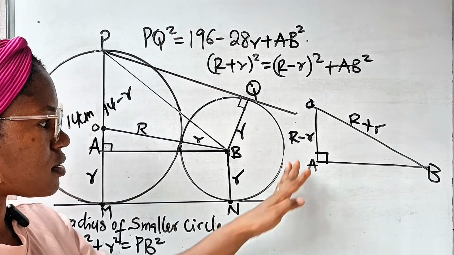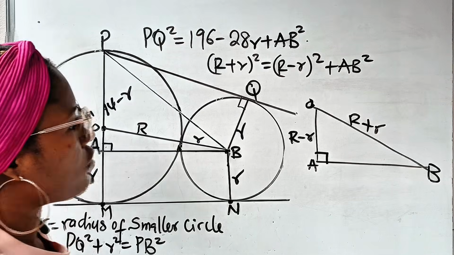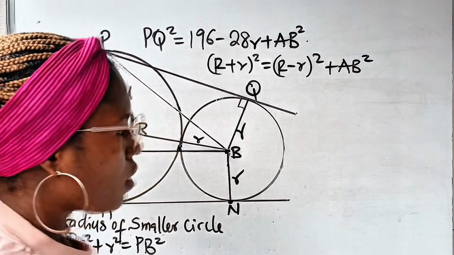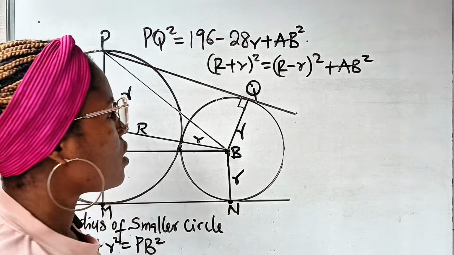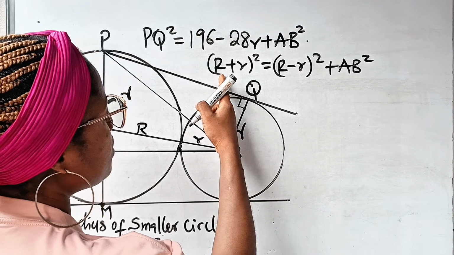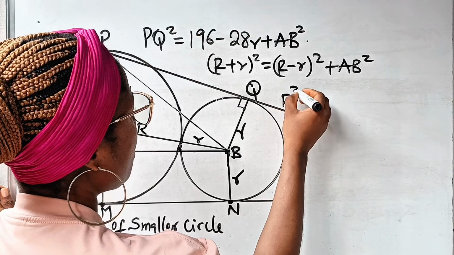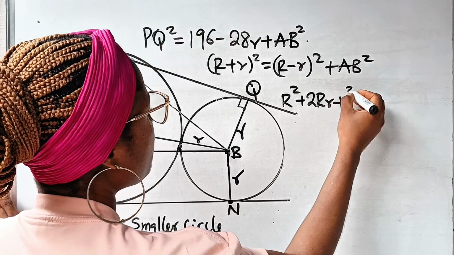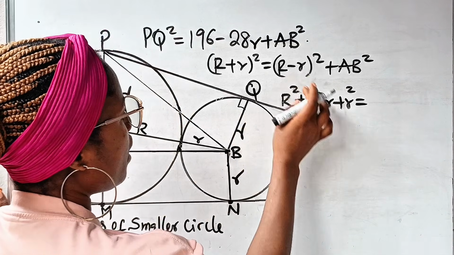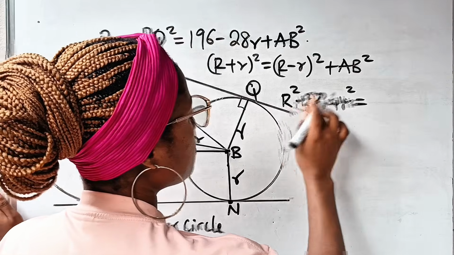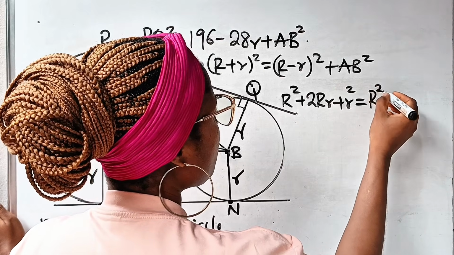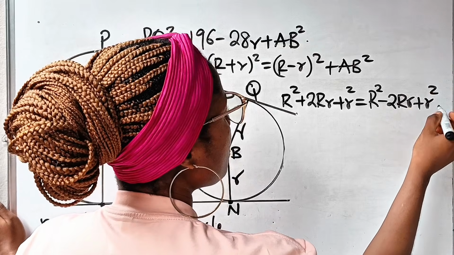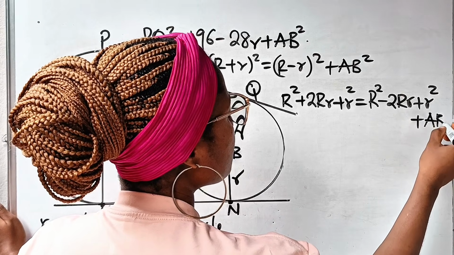Okay, so I can clean this now, so that we'll have a space too. Now, if we expand this, we have capital R squared plus 2 capital R small r plus r squared is equal to the same thing except that this is negative. So we'll have capital R squared minus 2 capital R small r plus r squared, then plus AB squared.